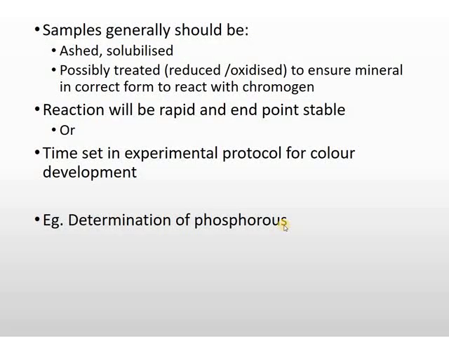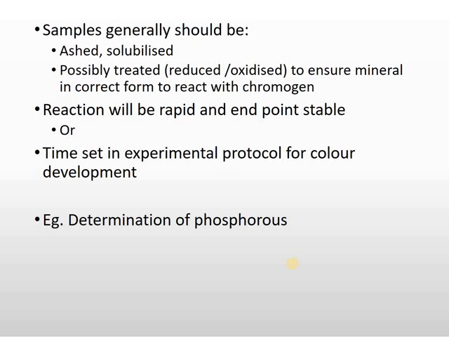And then, very important in terms of all these methods, we mentioned that the samples should generally be etched and solubilized, because remember, you can't just take your food sample and add that chromogen. Remember that the chromogen must look for the analyte. But what if the analyte is lodged within the food matrix? So there are some pre-preparation steps that you need to do.